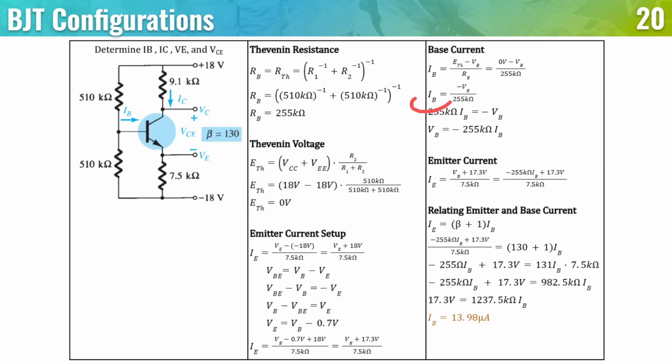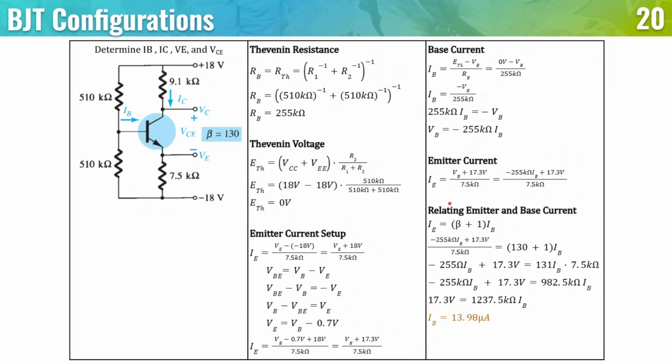So we rearrange this, multiply both sides by 255 kilo ohms, and then isolate VB. So if this is negative, multiply both sides by negative 1, and you get VB is equal to negative 255 kilo ohms times IB. So now that you have this value, you can put it in here. So that's what we did.